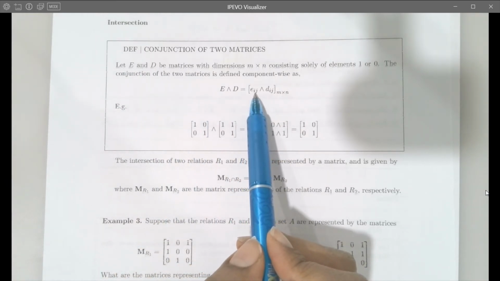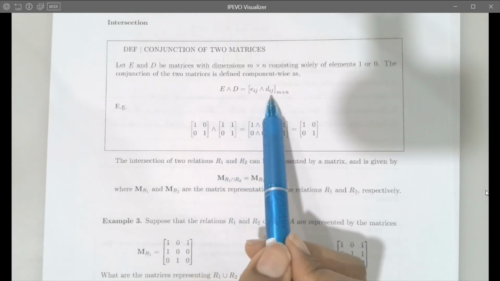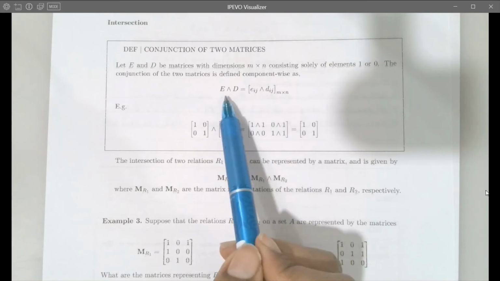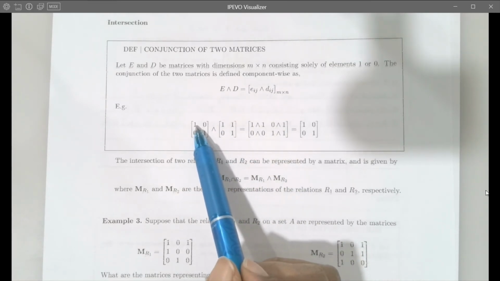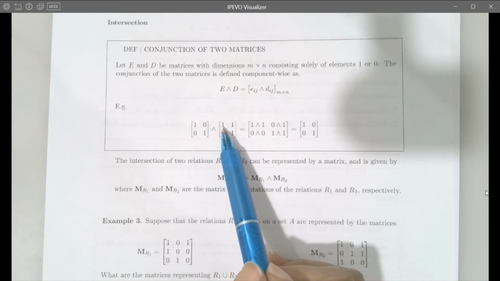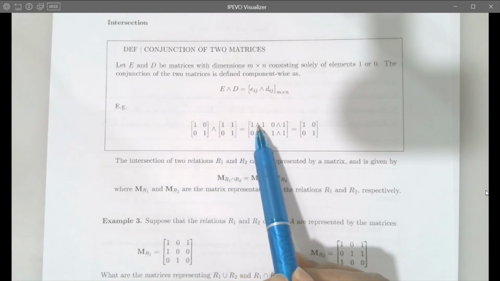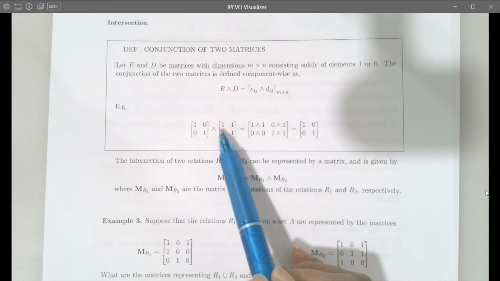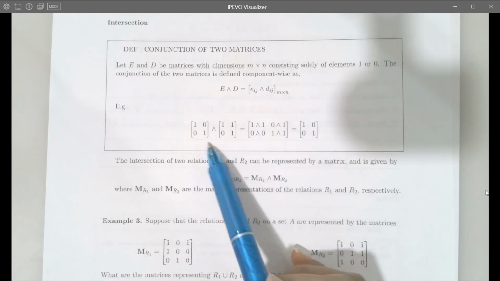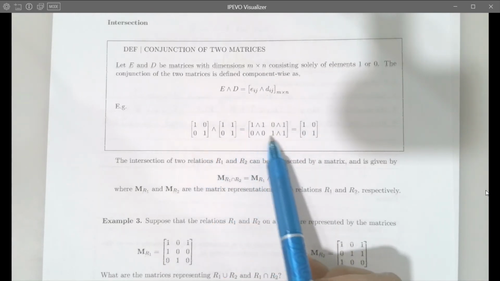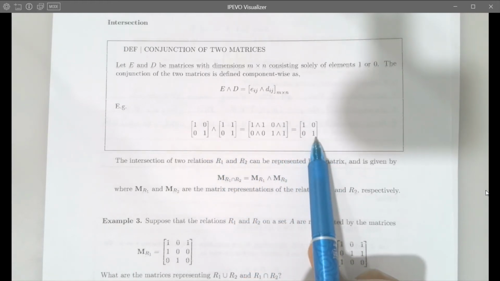So we take the ijth element of the first matrix and then conjoin it with the ijth element of the second matrix. As a short example, if we have 1, 0, 0, 1 conjoined with 1, 1, 0, 1, then we would take 1 and 1, which results in a 1, then a 0 and 1, which results in a 0, then a 0 and 0, that would result in a 0, and then a 1 and 1, which results in a 1.